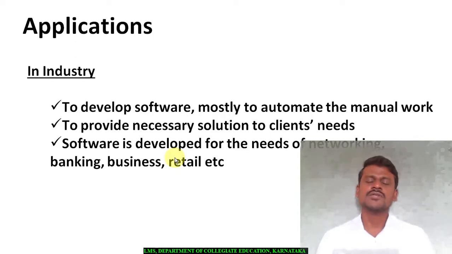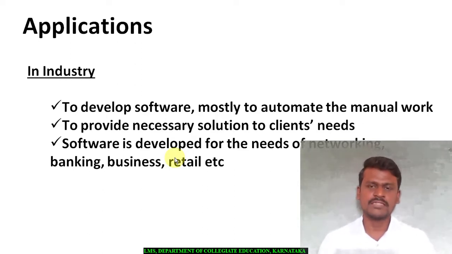You may have heard of Flipkart and Amazon, which are e-commerce sites, and you can also make bookings through IRCTC or Redbus, and make payments through SBI or HDFC online banking, right? Those are some of the softwares in all areas, but mainly to automate manual work.